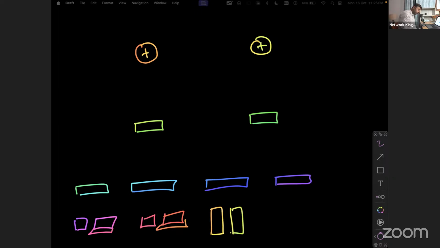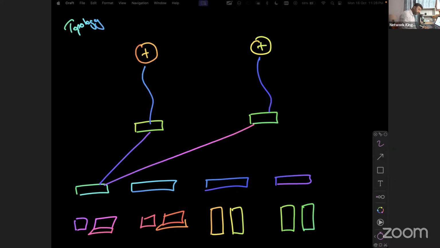Okay, so these are just diagrams or what we call topology. So these two routers are connected like this. We have multiple links, like one with this switch, one with this switch. So what exactly am I doing? I'm increasing the availability.